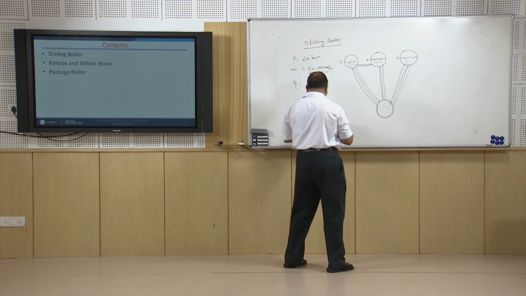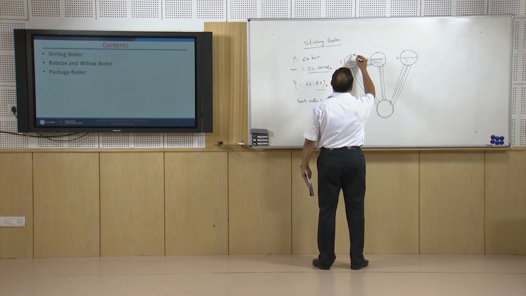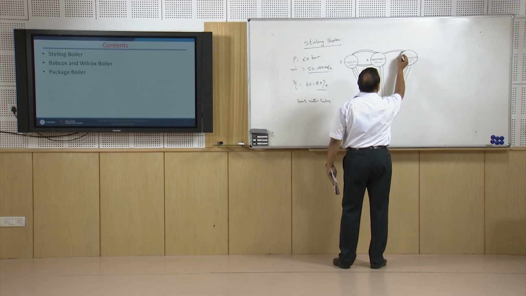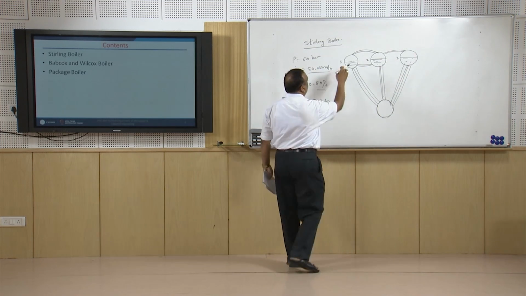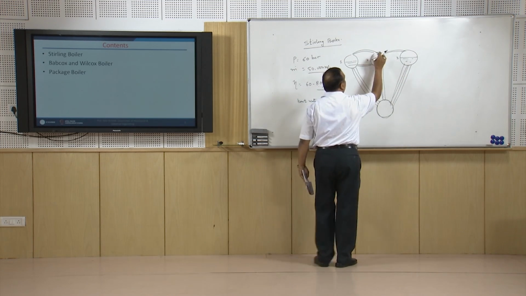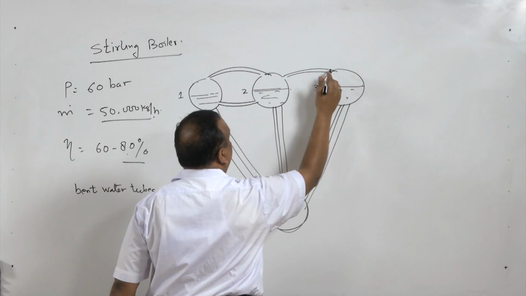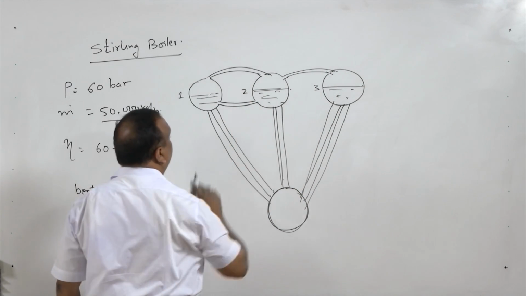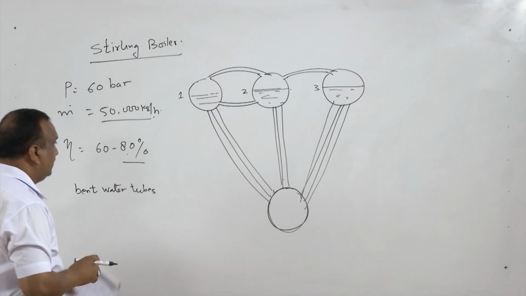Okay, and another type of tubes are equalizing tubes. They are for equalizing the pressure. So, these are equalizing tubes which are connecting all these 3 drums, and these 2 drums are connected by circulating tubes.